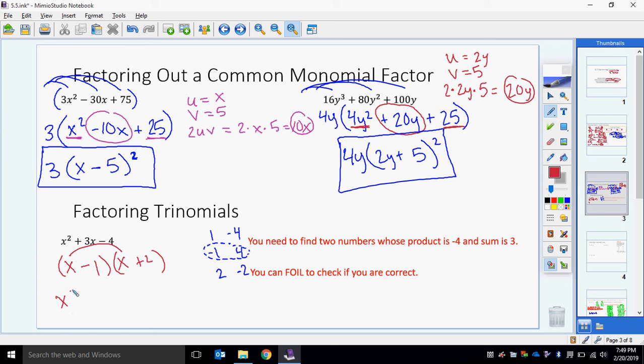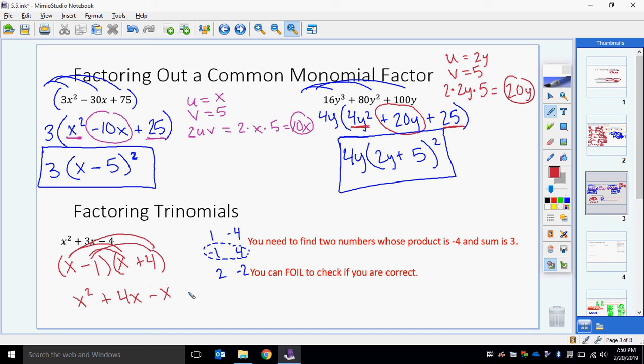So you'd get x times x. X times 2 would be 2x. Negative 1 times x would be negative x. Ooh, why did I write 2 there? It was negative 1 and 4. X times x would be x squared. X times 4 would be 4x. Negative 1 times x would be negative x.